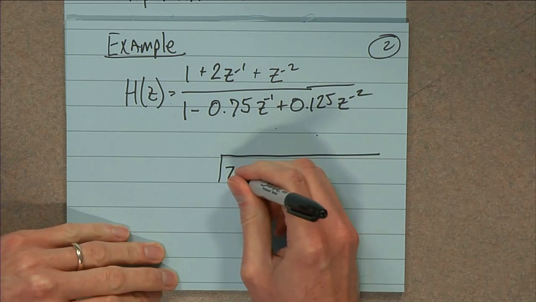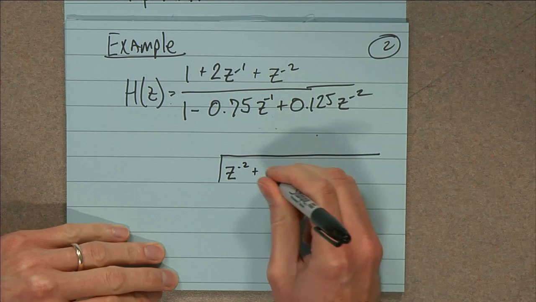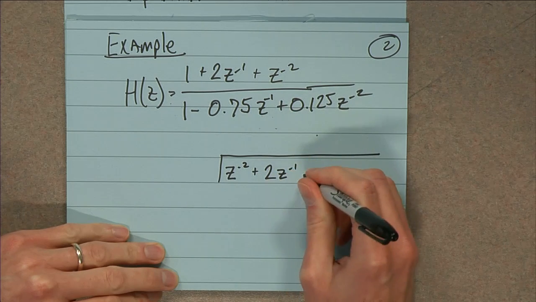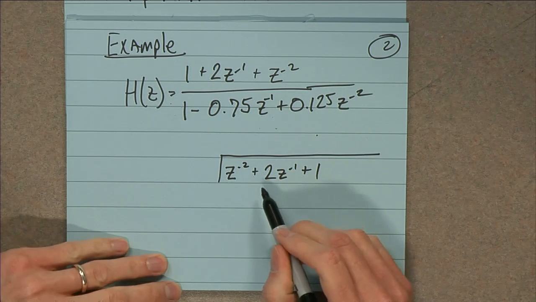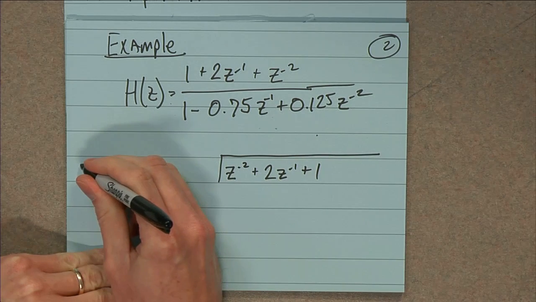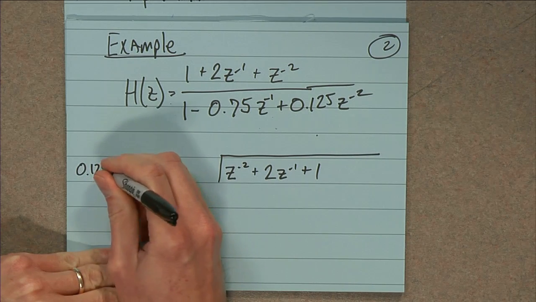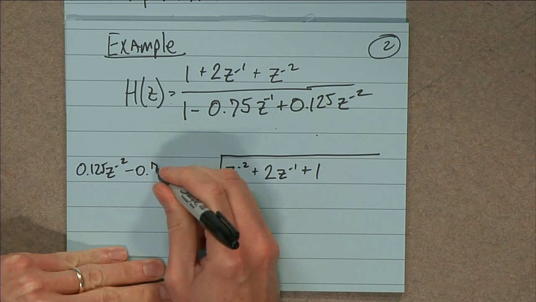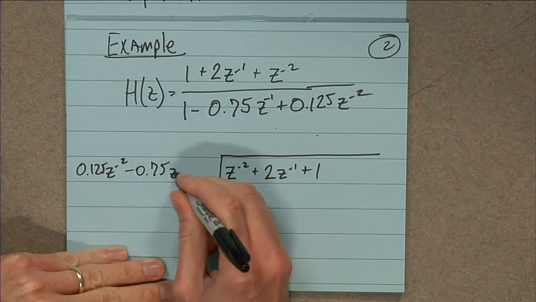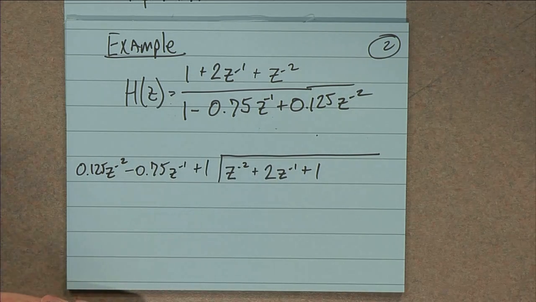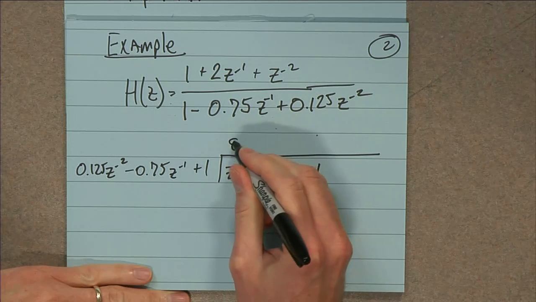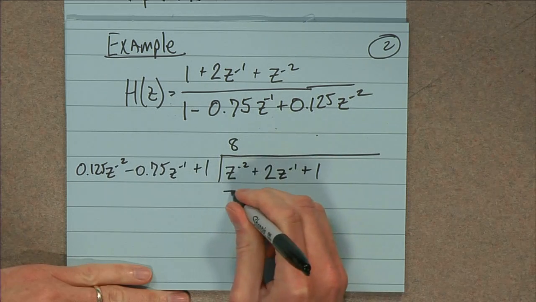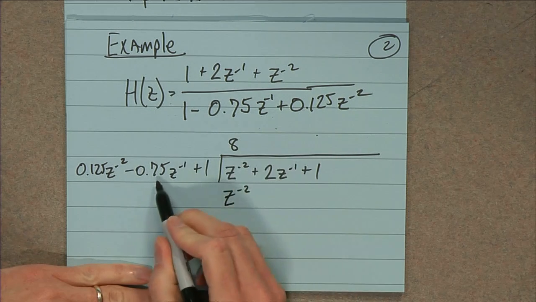So z to the minus 2, 2z to the minus 1 plus 1. And all that is divided by 0.125 z to the minus 2 minus 0.75 z to the minus 1 plus 1. So if we do this, what is that? 8 times 1/8 z to the minus 2, 8 times 3/4.